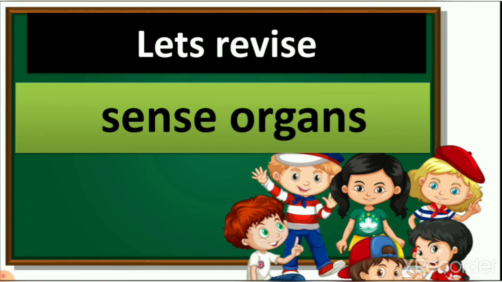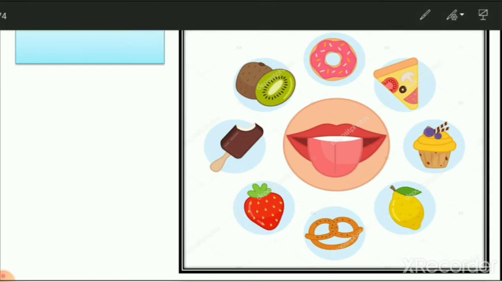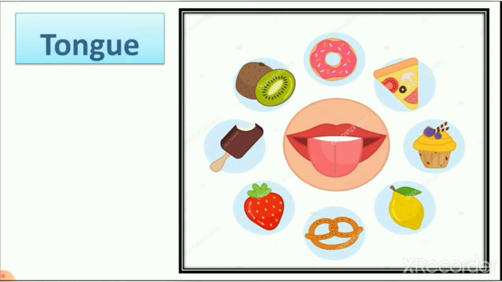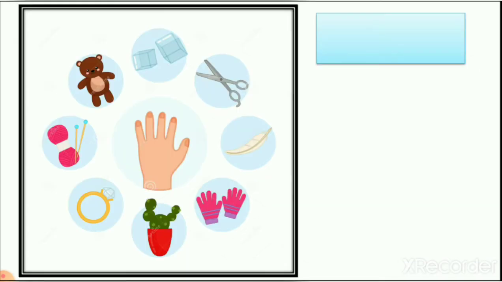So first revise sense organs quickly. The tongue helps us to taste different kinds of taste: sweet, savory, spicy, delicious, right? So these are body parts which are known as sense organs.